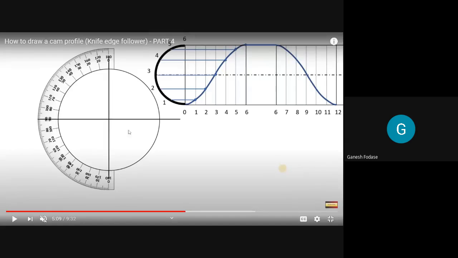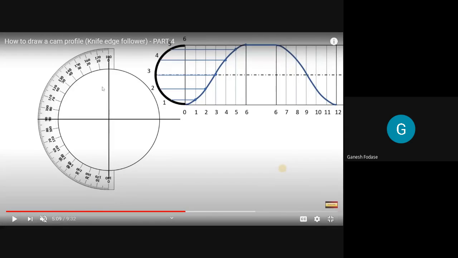If the cam rotates clockwise, there is a principle called the principle of kinematic inversion. We assume the cam is held stationary and the follower is rotated around the cam. In actual practice, the cam rotates and the follower reciprocates. But for drawing the cam profile, we assume the cam is stationary and the follower is rotated around it. If the cam rotates clockwise, then rotate the follower in the opposite direction.